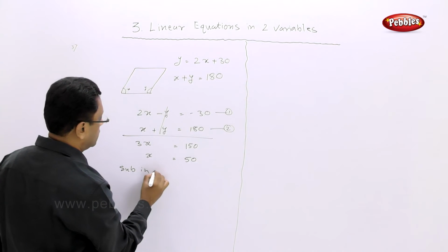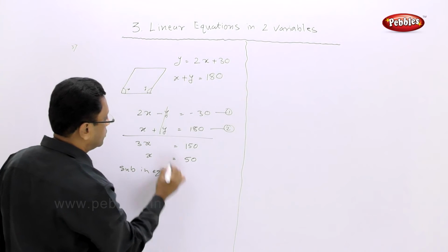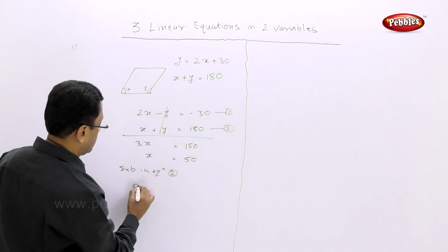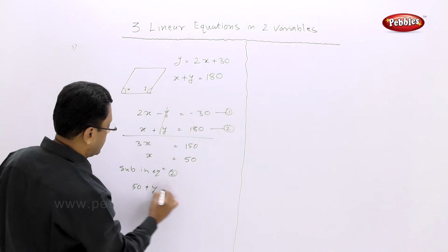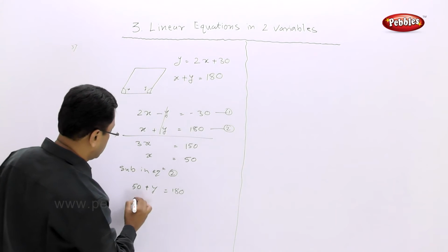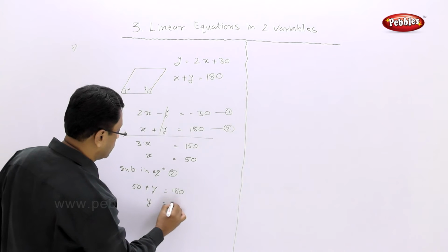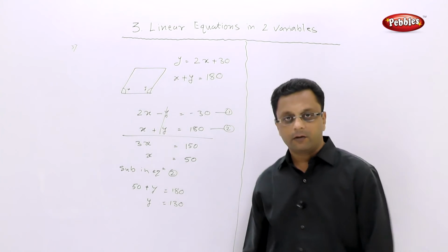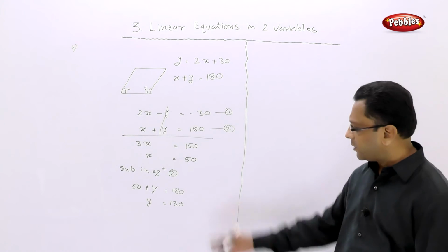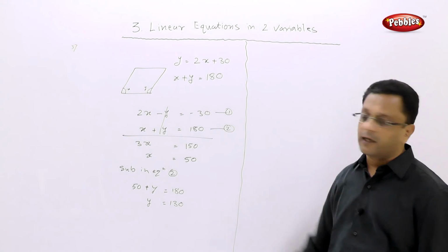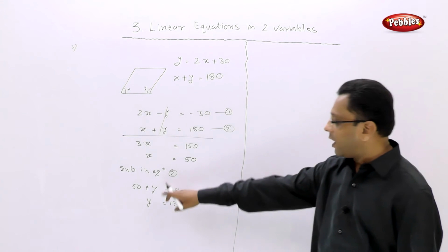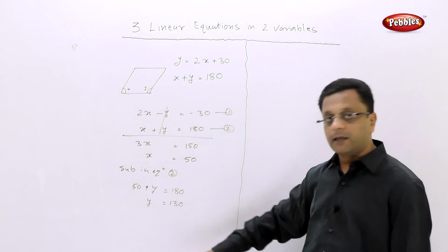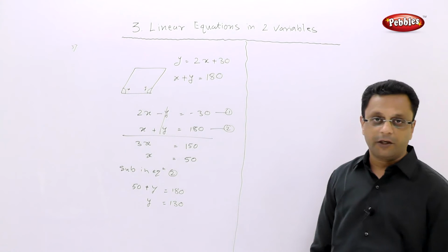We get 50 plus y is equal to 180, so y is equal to 130. Don't write the steps directly as I am writing here; you have to write y is equal to 180 minus 50 as one step. Next step, y is equal to 130.